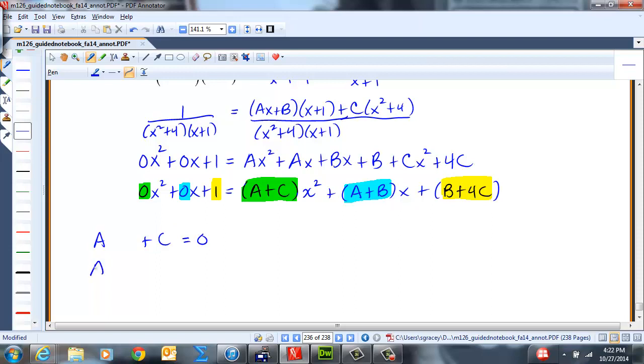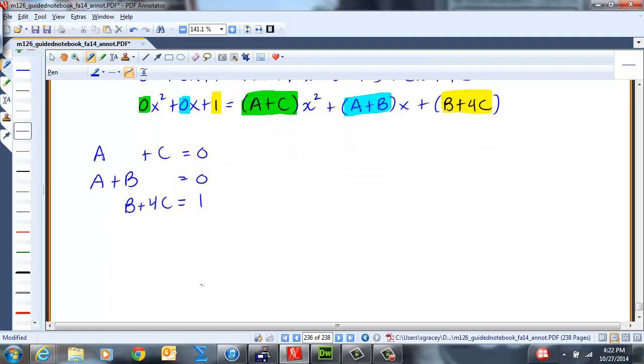Equating the blues, we'll have a plus b is 0. And then b plus 4c is equal to 1.